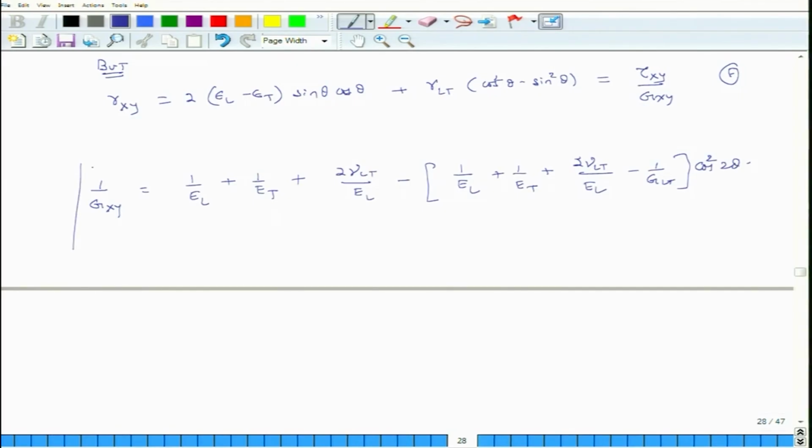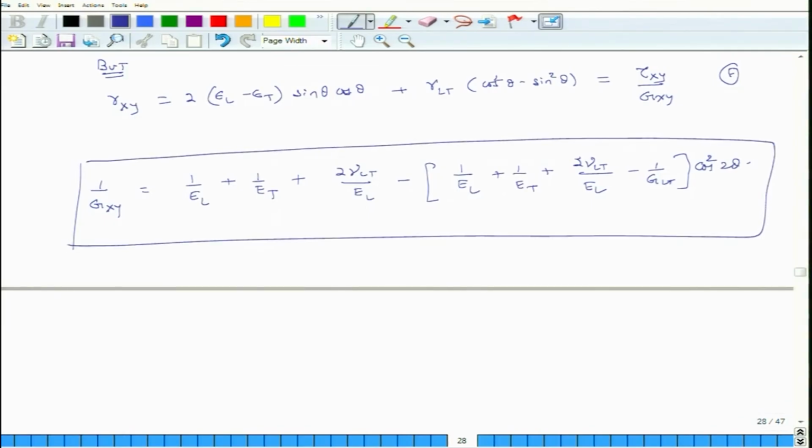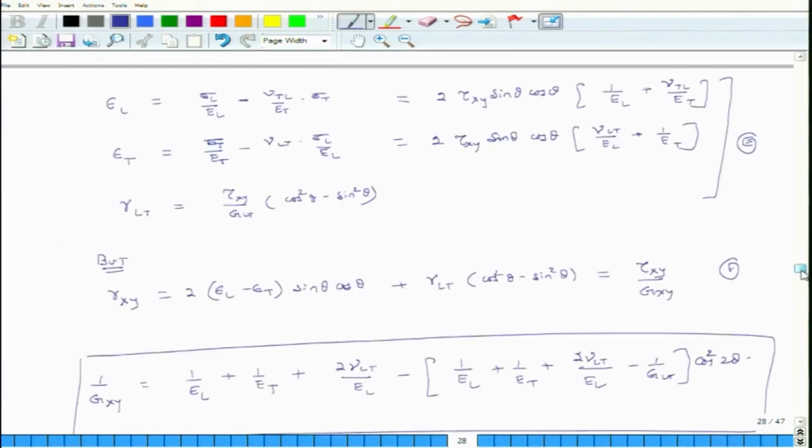So, this is the last expression, and that is for the shear modulus in xy coordinate system. So, this is from the third equation.